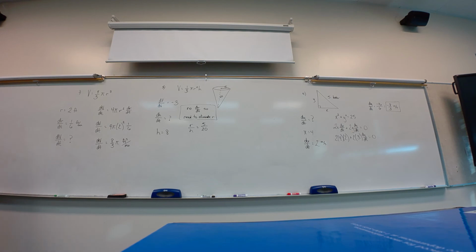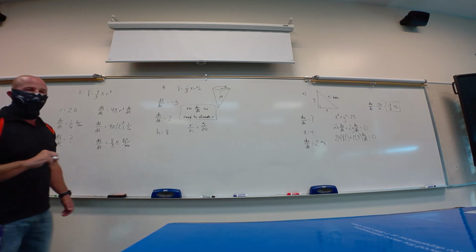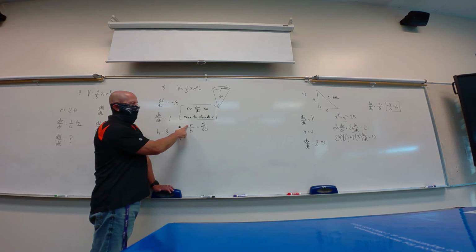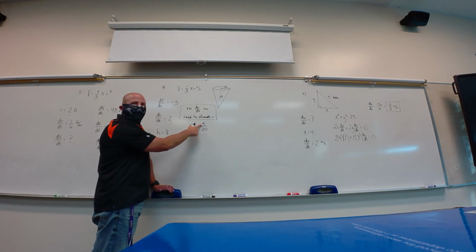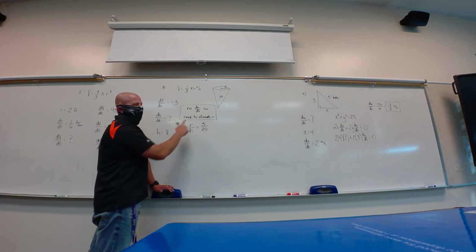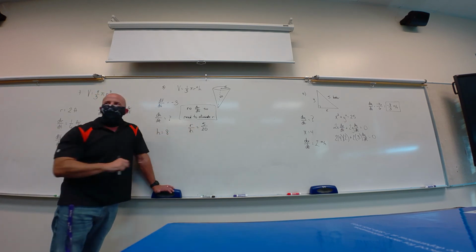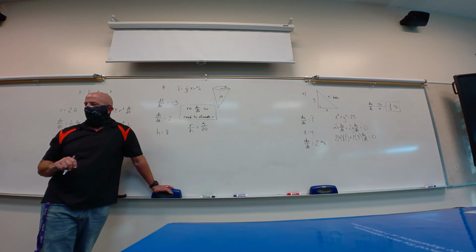So because they're going to stay at the same ratio, you're putting the R. And it doesn't matter if you do H over R or R over H. This goes back to that similar triangle kind of thing. Whatever's on the top left better be on the top right. So if I put radius on top, I got radius on top. If I want to make it H over R, then that would be 20 over 5. Wouldn't change anything there. Everybody agree with that?